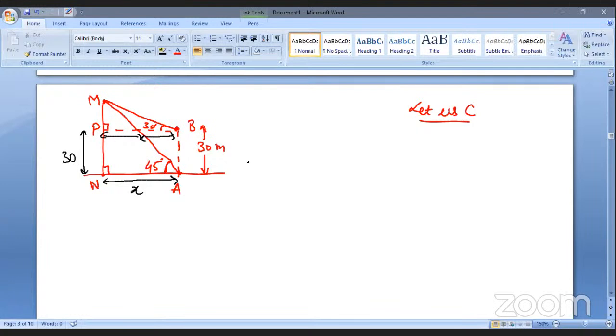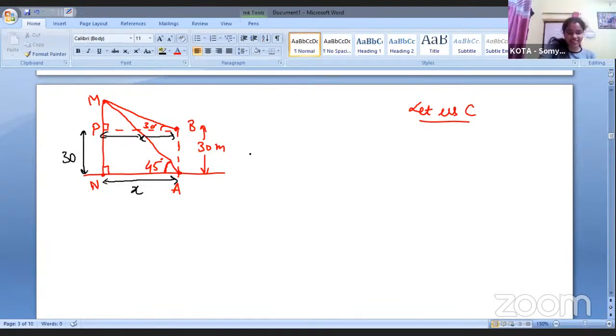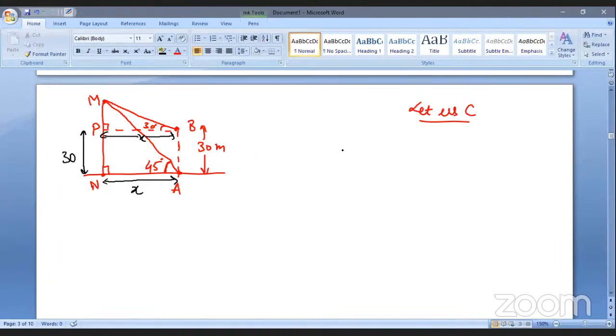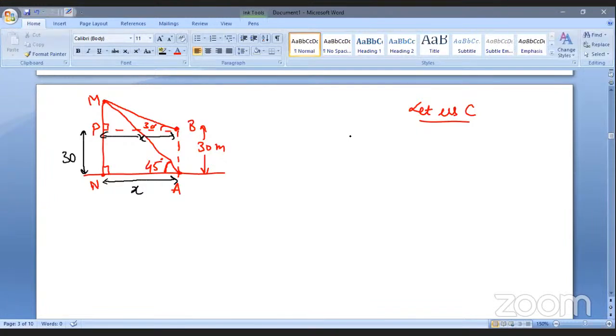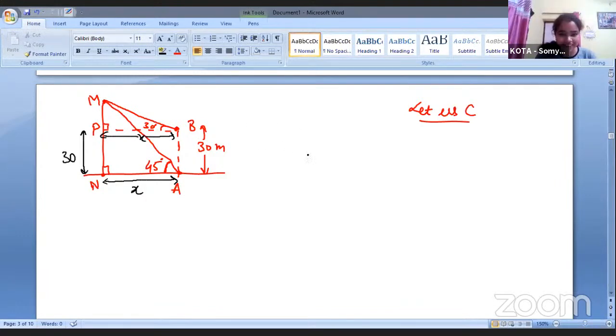Because 45 degrees makes an isosceles triangle. Correct. Very good. So 30 plus y equals x. So if you find y, then it is the distance. Yes. Very important thing. Good, Vishnu. You're justifying your name, Vishnu.